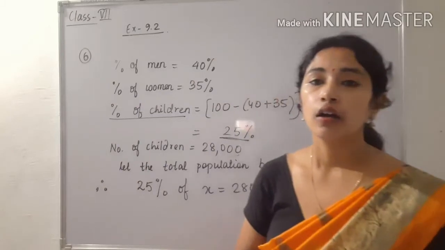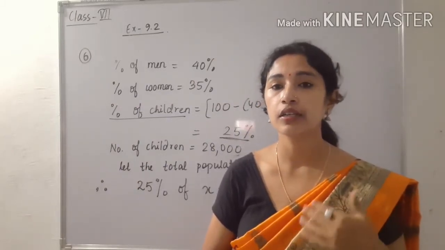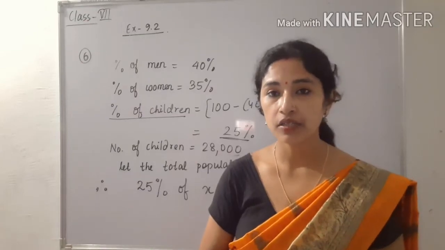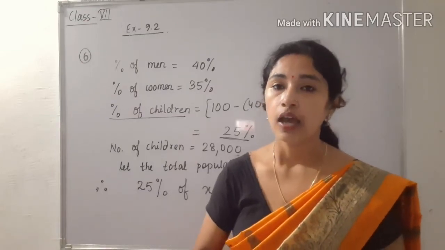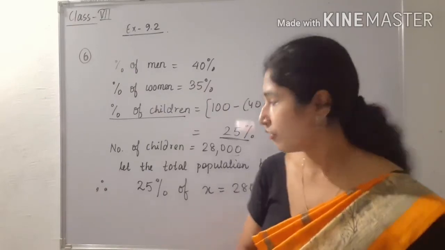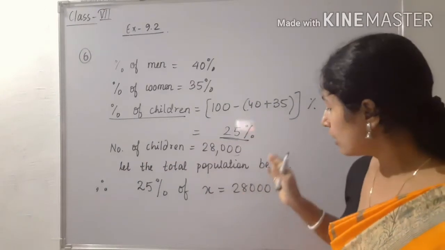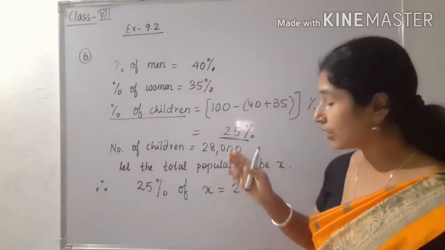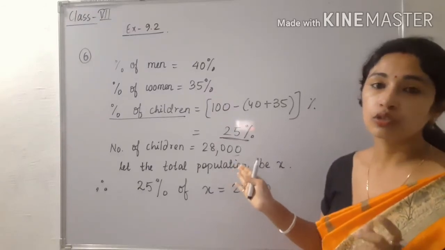Second was the required percentage if we want to express the first quantity in terms of the second quantity. And the third topic was if the percentage is given and we have to find the whole. So this question fits in that topic.